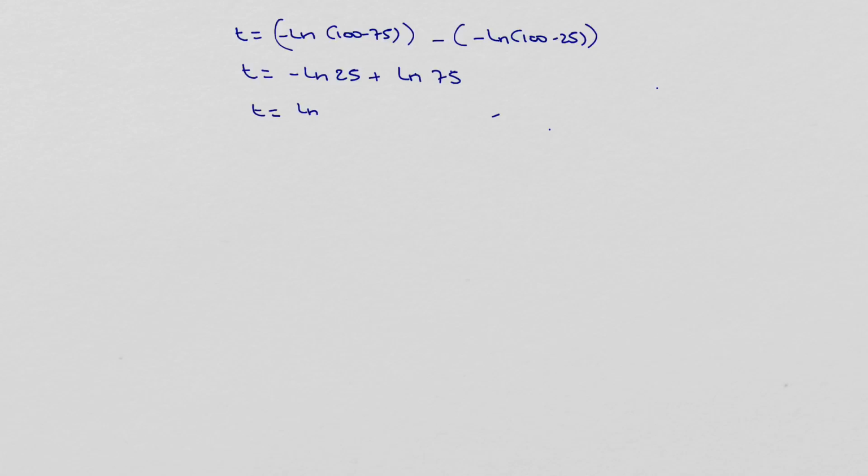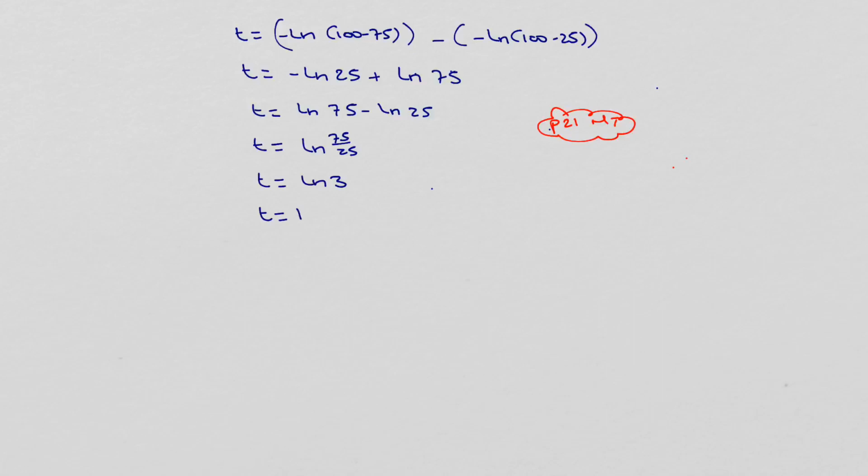If I rearrange that, I can see I need to apply my log rules, which are in your maths table, page 21. When we're subtracting our logs and the bases are the same, we divide. So 75 divided by 25 gives me the natural log of 3, which is of course 1.1 seconds.